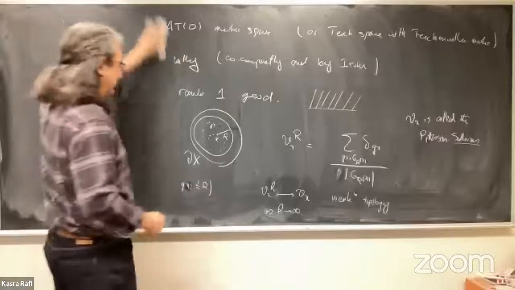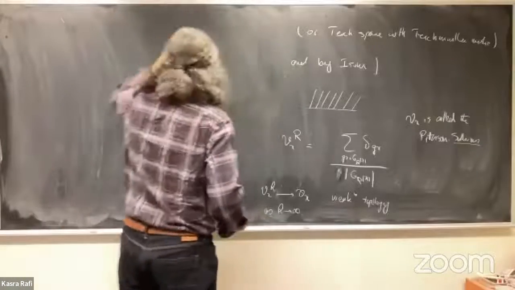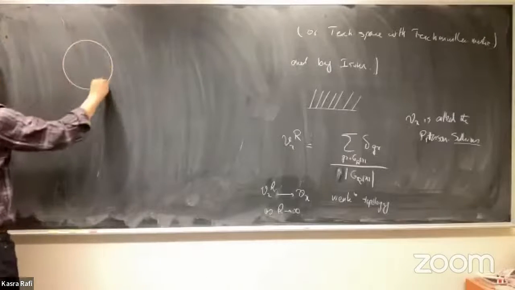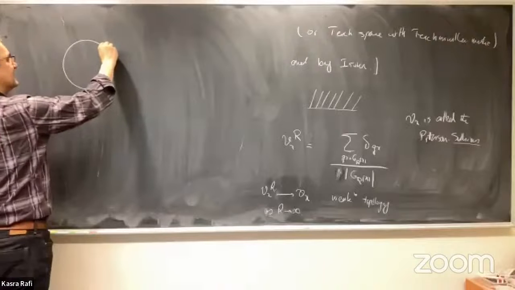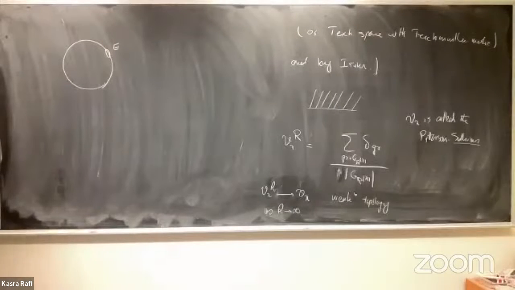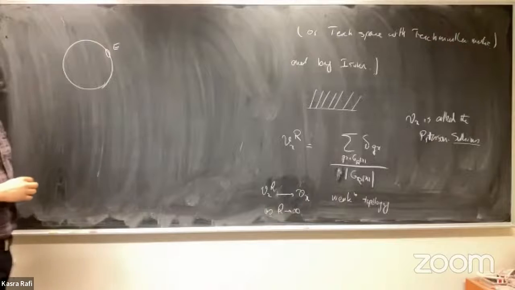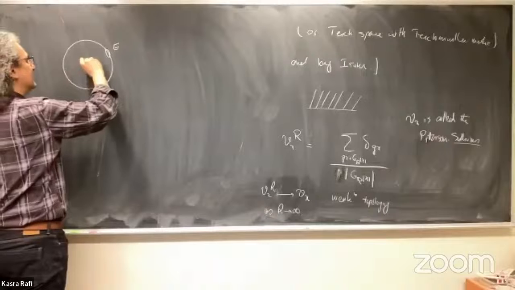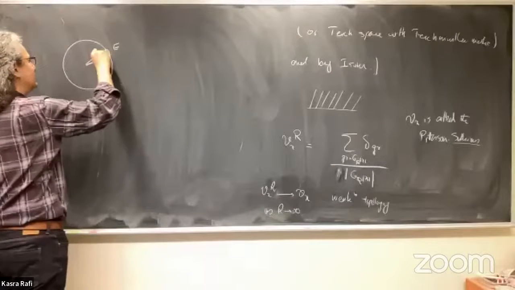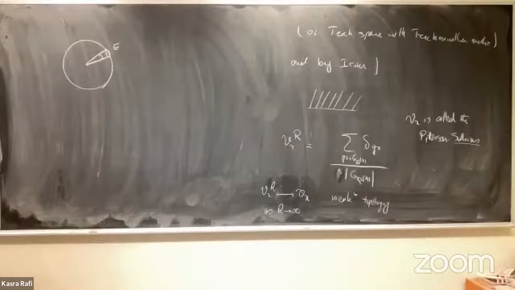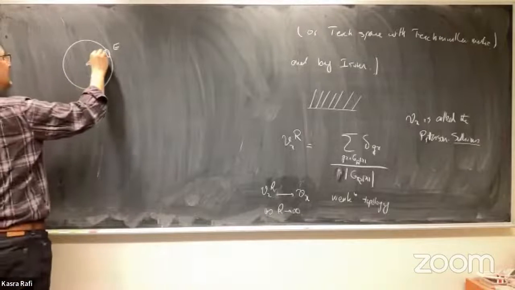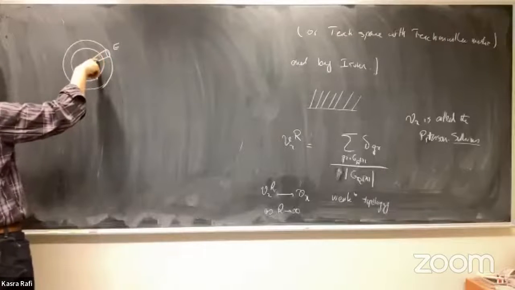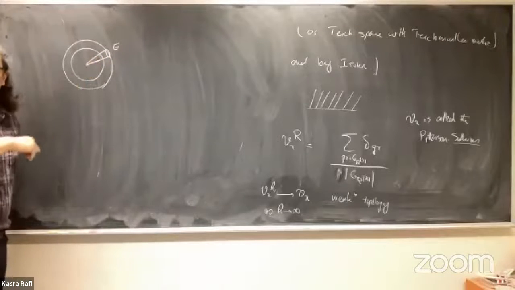One way you can think of this is like a counting measure, right? If I pick an open set E on the boundary, and I wonder what the Patterson-Sullivan measure of E is, one thing you can do is pick a cone going in this direction. This is an open set. Then I can pick a ball of radius R and see proportionally how many of those points are in this cone.